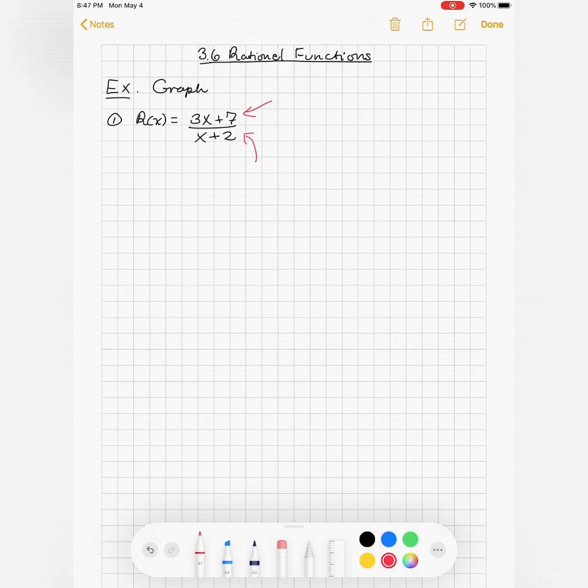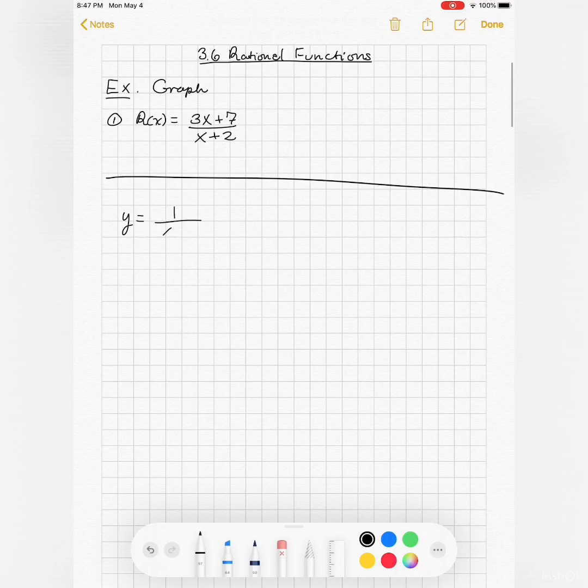So let's see if we can come up with some ideas as far as graphing these. Starting out with number 1 here, this is a pretty simple rational function. But what if I think for a second about something even simpler?